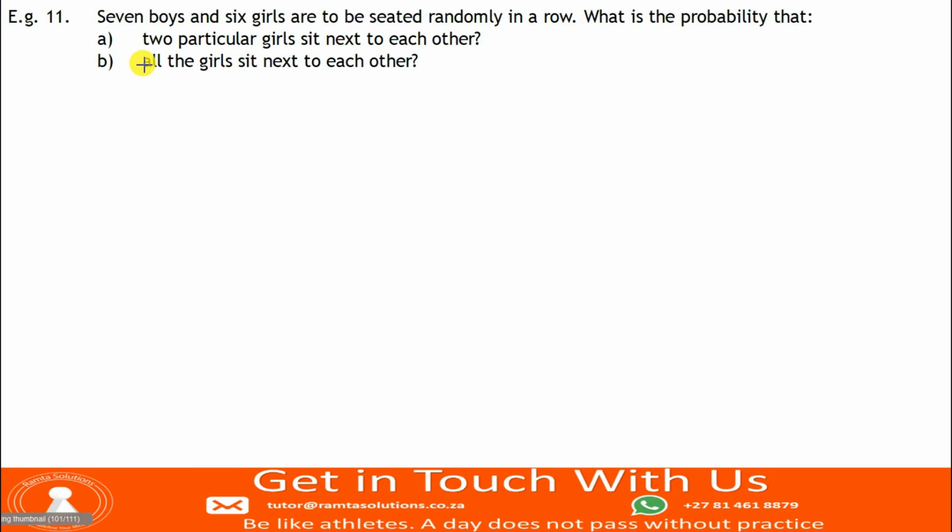Now, number 11. Let's look at these boys and girls. 7 boys and 6 girls are to be seated randomly in a row. What is the probability that 2 girls sit next to each other?